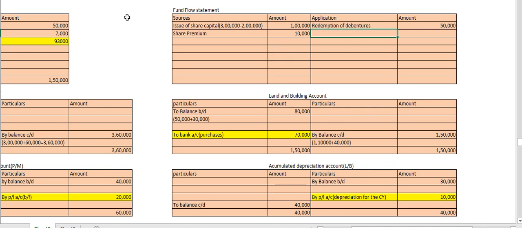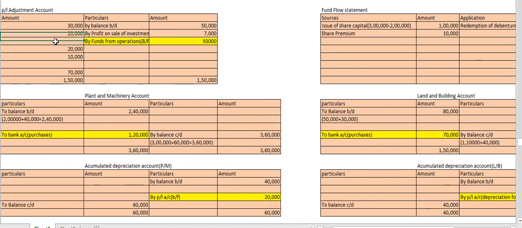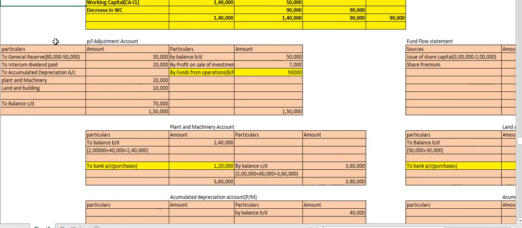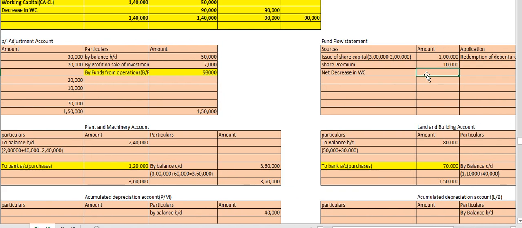And we'll come up with the various accounts that we have prepared, right from the working capital. There is a decrease in the working capital, so the decrease in working capital will be shown as sources of funds. So net decrease in working capital, your amount is 90,000. This 90,000 will be shown in the sources of funds because the working capital requirements have decreased, so it acts as a source of funds.